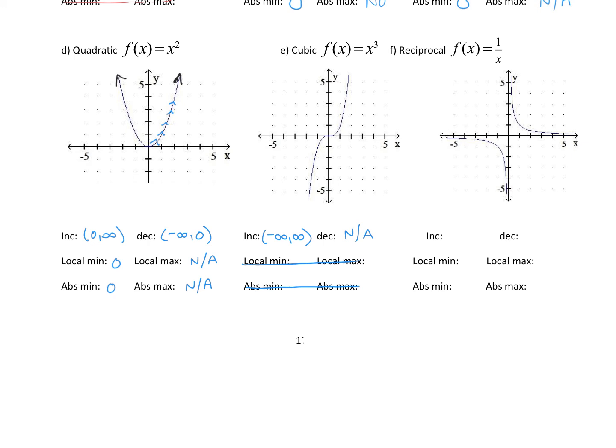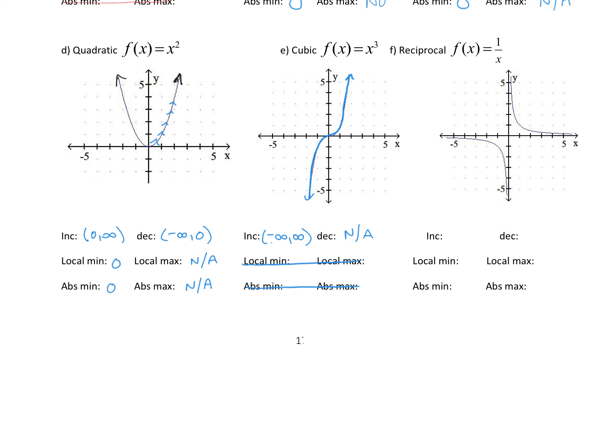For our cubic, it's always increasing. If you were to draw this, you would always be moving your pencil up. And so we're going to say negative infinity to infinity, and we do not have any max or min, local or absolute, on this one.